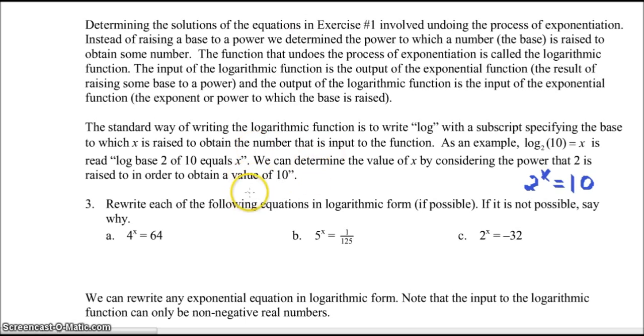They didn't really say it here yet, but anytime you have log base a of x equal to k, where a is just some random number, all that really means is a to the k equals x.